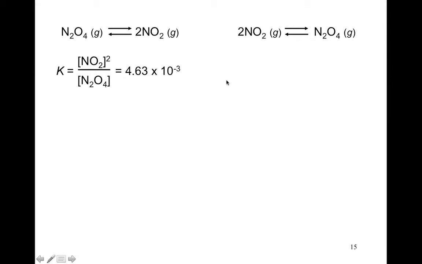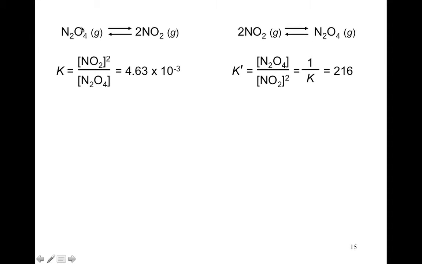Let's look at this one. We got a gas turning into a gas. I feel like we've seen this before. Could be wrong. They give us a K to start with. Then we have another reaction. This gas, this product, going back to this gas. And the K for that is 1 over K. So what this is showing you is if you have the reaction for this reactant to product, and you have the K for that, and they ask you, well, what's the equilibrium constant of the product going to the reactant?